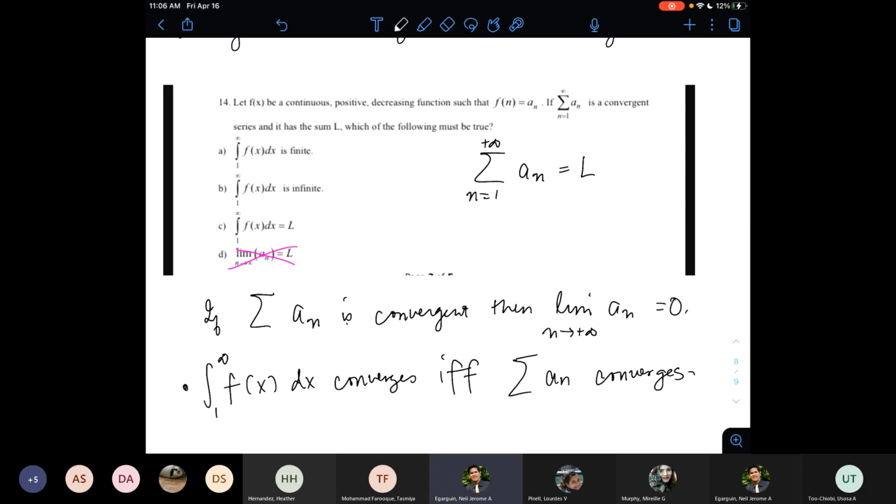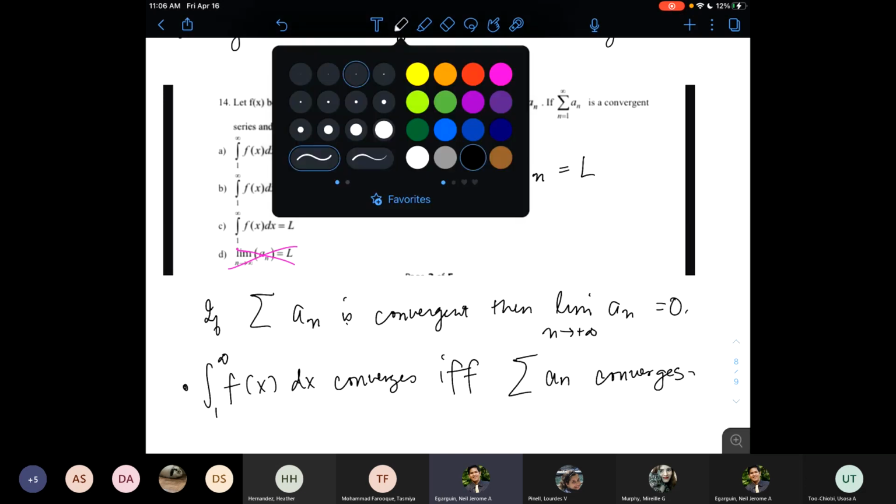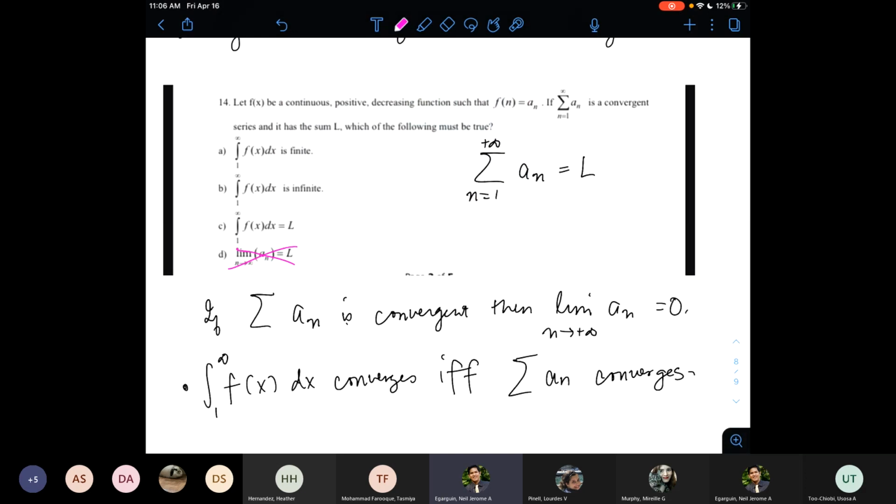That's the only thing that the integral test will tell us, right? So from that basic statement, this option should be wrong because we already know that the series is convergent. That means the improper integral should also converge, so the improper integral cannot be infinite.